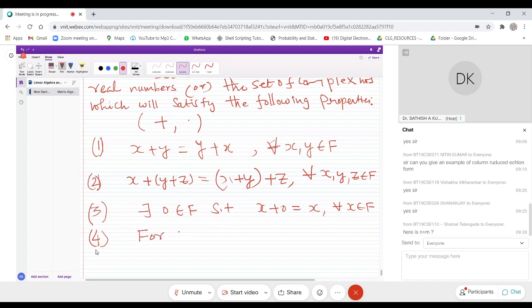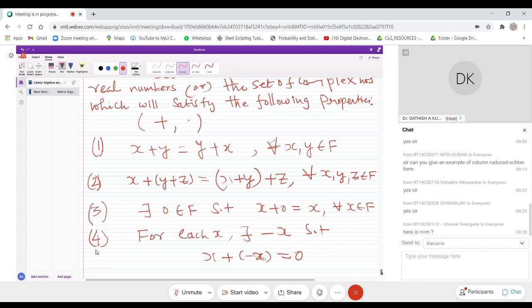For each x there is a minus x such that x plus minus x is 0. If you add 1, then minus 1 is also there, and this is once again in F. So these are the four properties.